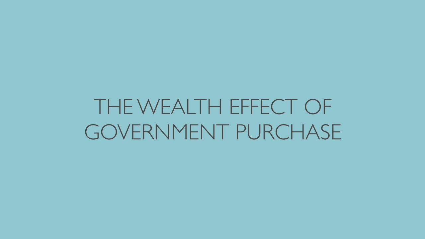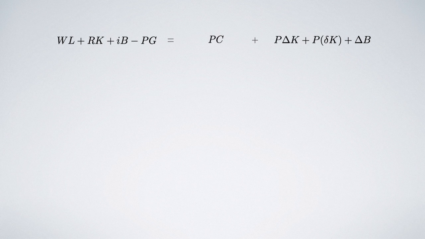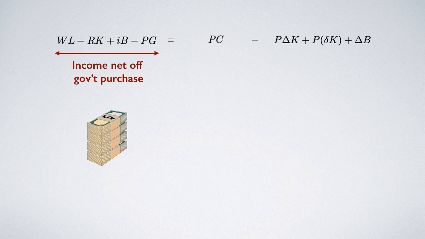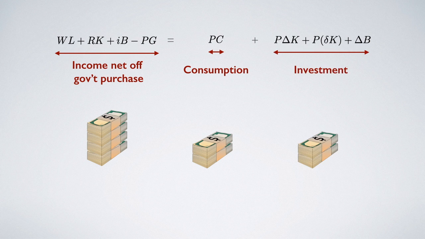Now we continue a full analysis of the wealth effect of government purchase. Recall that we have the insightful household budget constraint, and the left-hand side is basically the income net of government purchase. It will be used for either consumption or for investment.